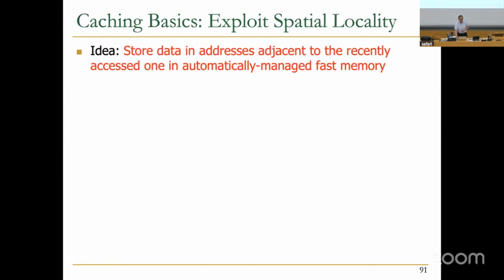So with spatial locality, you basically do the same thing in space. You don't look at a single variable, but you look at a collection of addresses. Essentially, the data in that collection of addresses that are adjacent to each other, store those in automatically managed fast memory. So if you're accessing, let's say, one data item using a load instruction, you look at the other addresses around it, and you bring all of that data into the cache with the anticipation that because you're accessing address X, you're going to access the surrounding addresses as well.